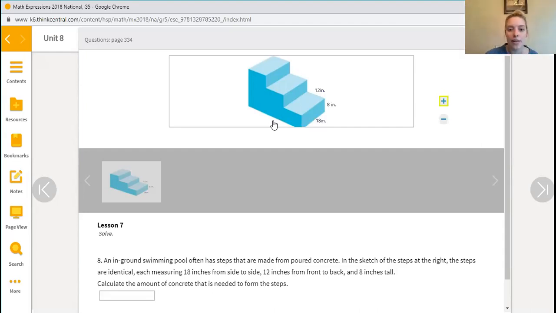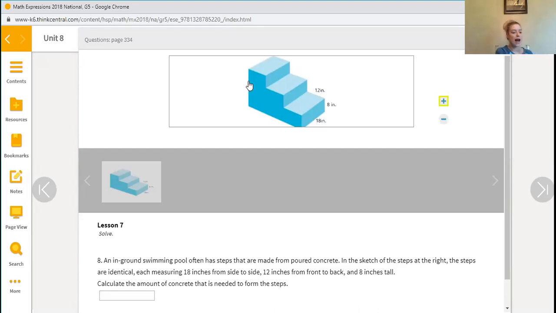All right, now if we look at that third prism here, guys, that's just 3 of this first prism. So I'm going to do 1,728 times 3 to find the volume of V3 there. So 1,728 times 3, I'm going to get 5,184 cubic inches.